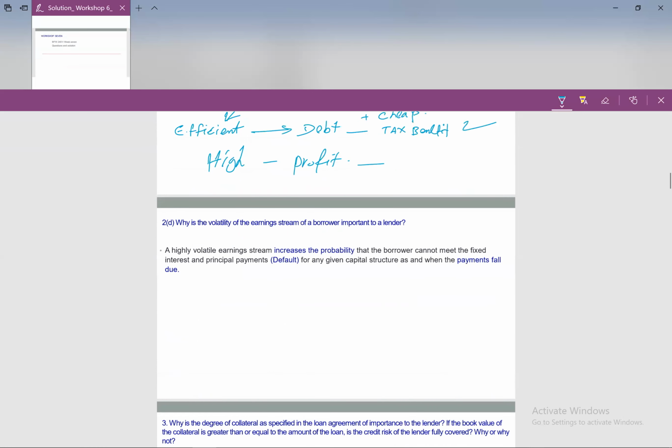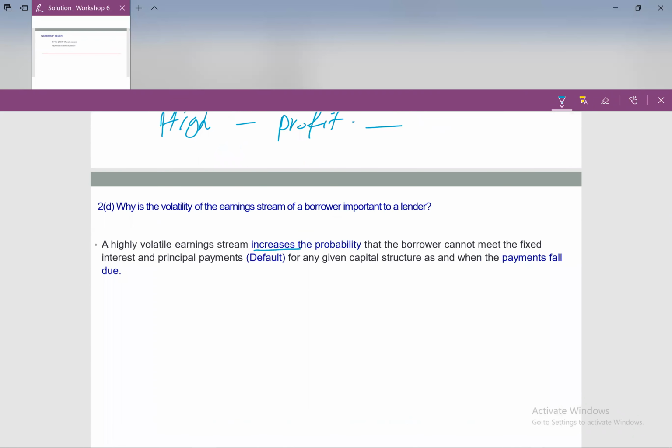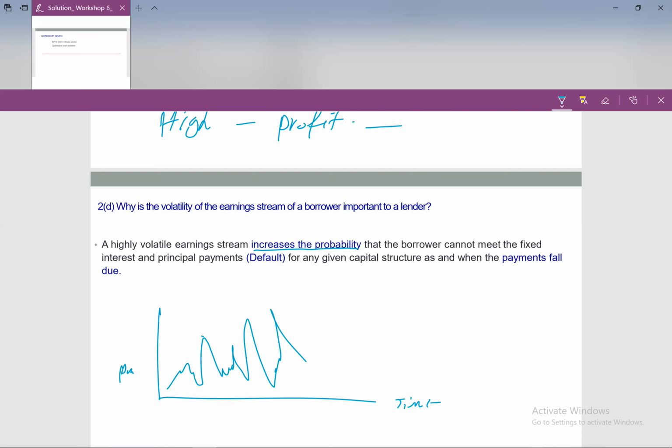Why is volatility of the earning stream of borrowers important to lenders? Because if there is high volatility, there is an increased probability of non-payment to the creditors. If your profit is going up and down over time, sometimes you are paying, but sometimes you cannot pay.